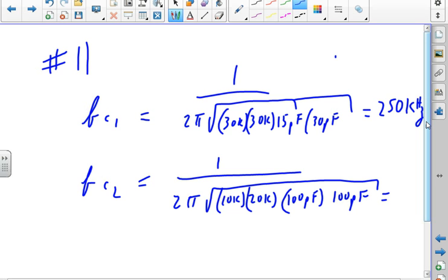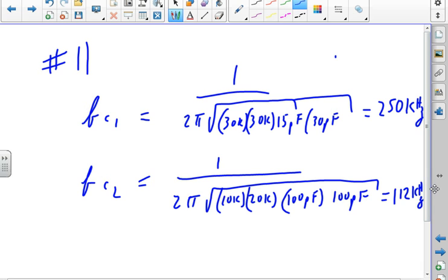Picos. That's what I like about my C3. Okay, I've got 113, 100, I'll call it 112. 112 kilohertz.